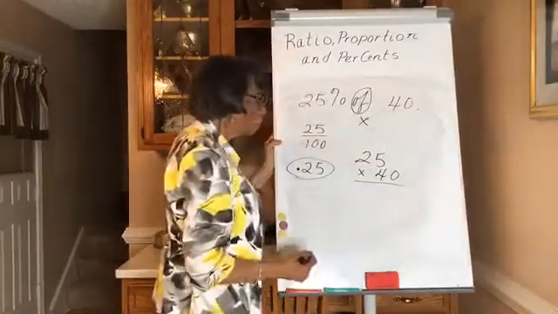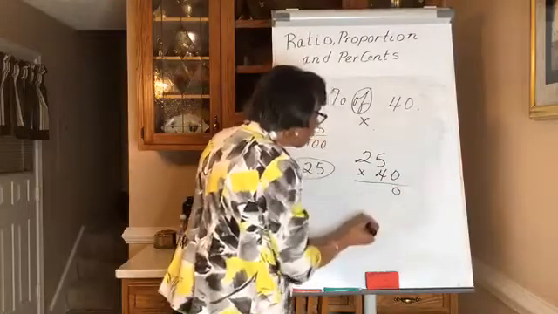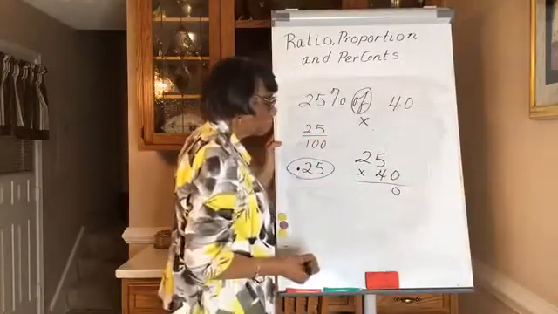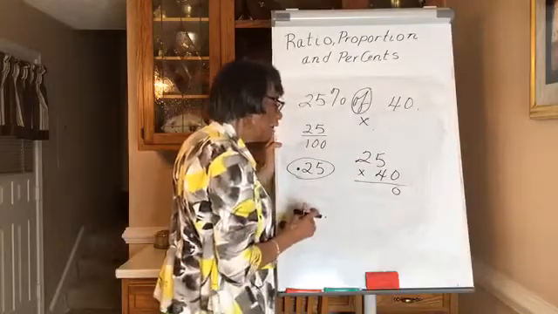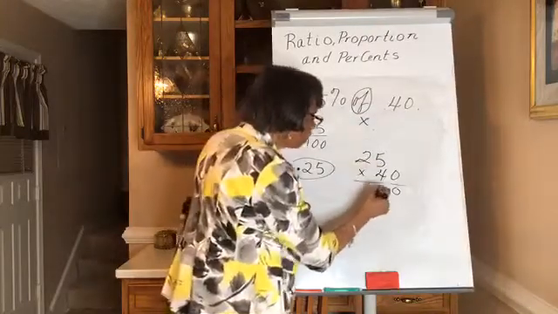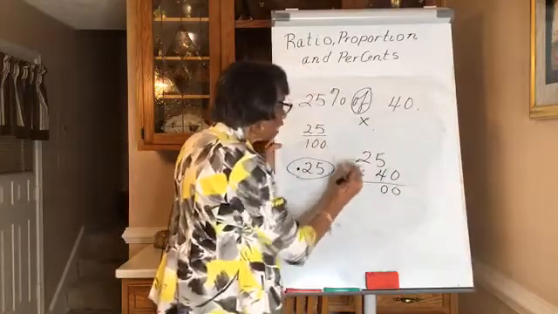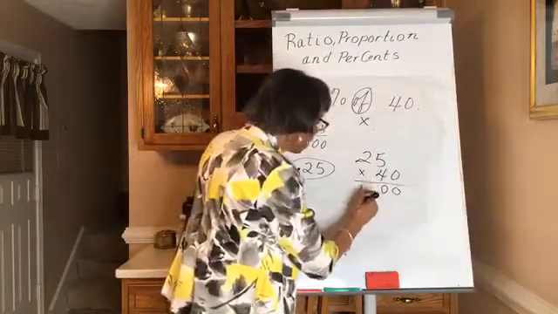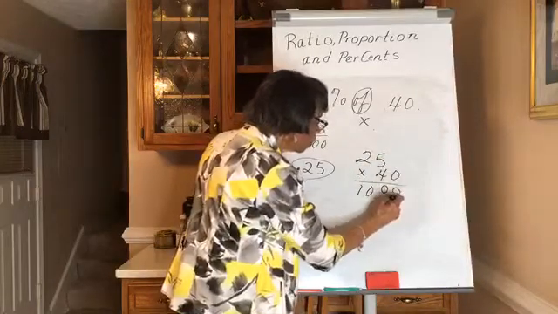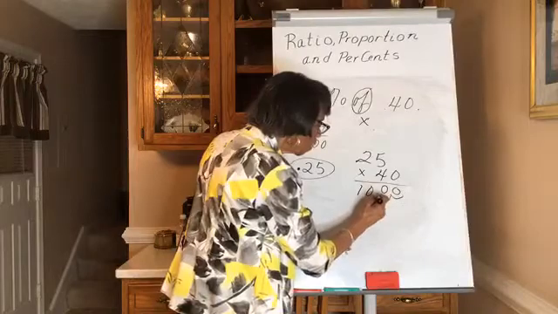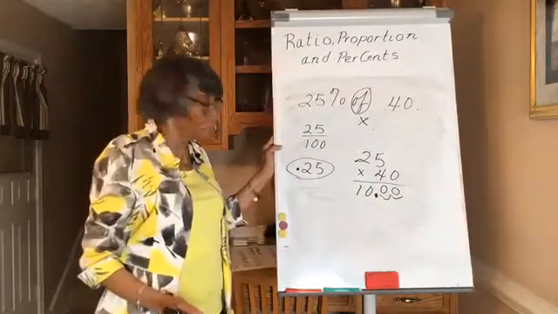All right, so we have to multiply by the 0, and I'm going to write it only once. I'm not going to string 3 zeros up there, because 0 times 25 is 25, okay? 4 times 5 is what? 20. 4 times 2 is 8, and 2 is 10. We have 2 decimal places, so we go 1, 2. So the answer is 10.